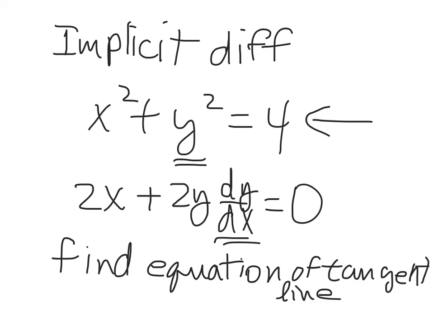So in a problem like that, well, your dy by dx, find that, plug in the point, the x and the y values, and dy by dx then gives you the slope. And then you'll have your point slope form to put it into the equation.